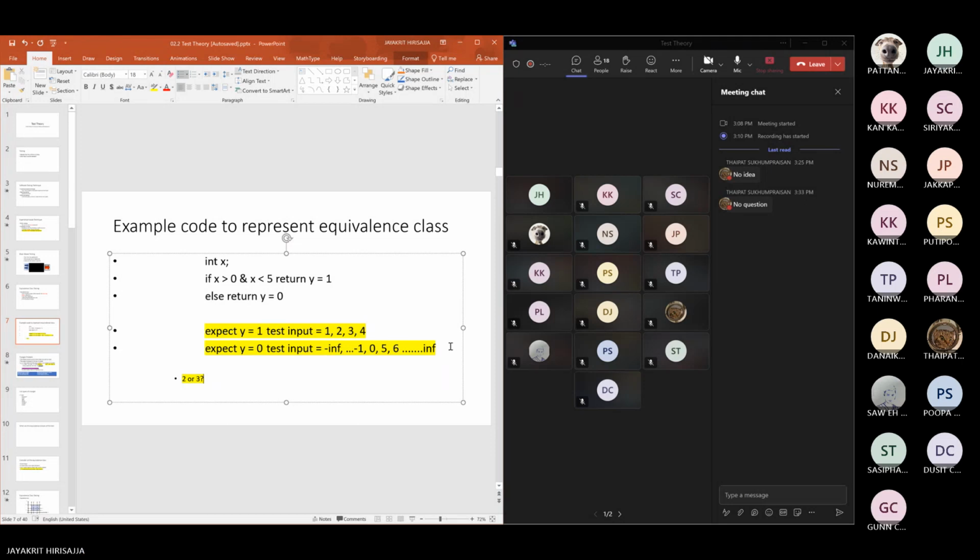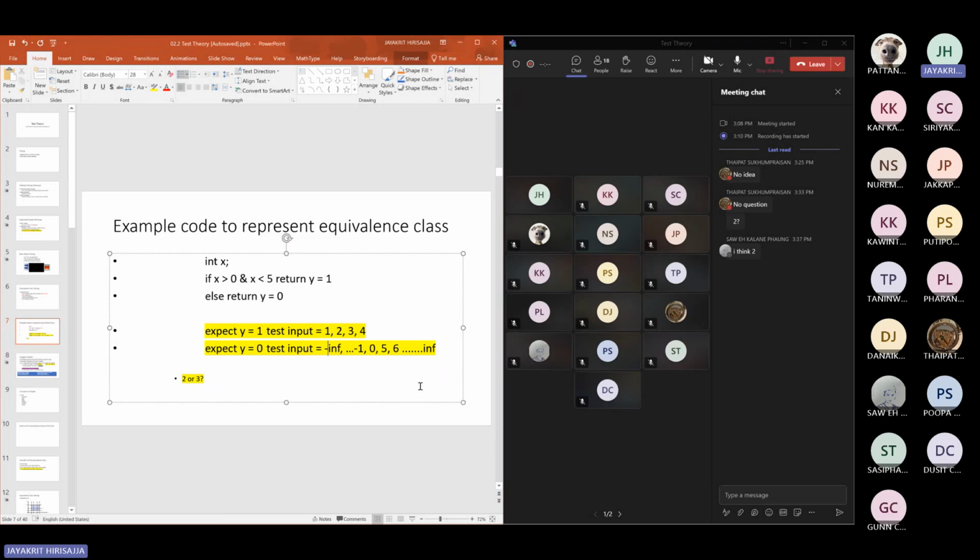Two, if you take it as 2, because we have this 1 to 4 as one class, and minus infinity until 0 and 5, 6 until infinity as the other equivalent class. But if you think about it as 2, it's okay.